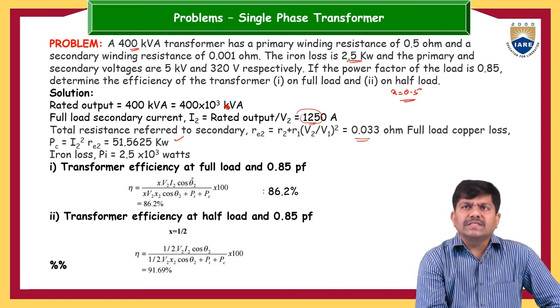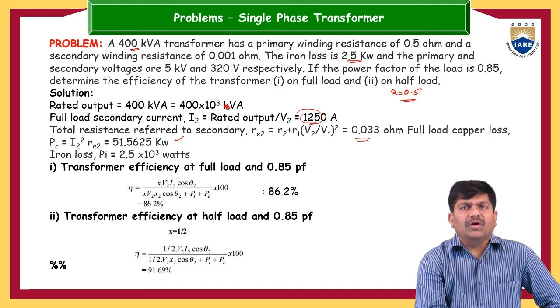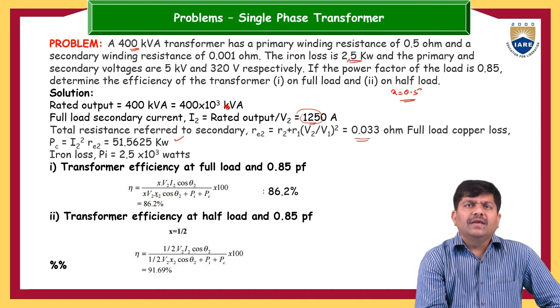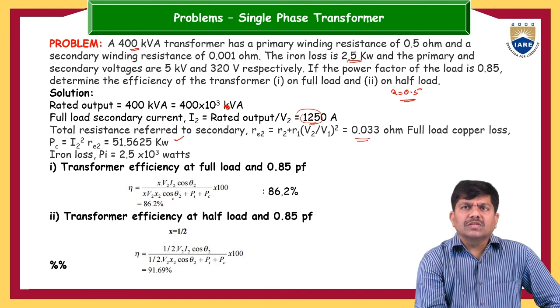So the transformer efficiency at full load and 0.8 power factor is equal to, let us recollect the formula from our previous videos: efficiency is equal to x into V2 I2 cos phi 2 divided by x into V2 I2 cos phi 2 plus Pi plus Pc.